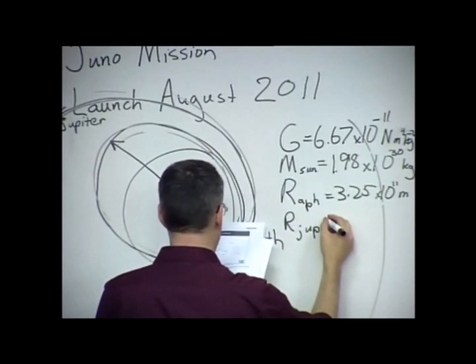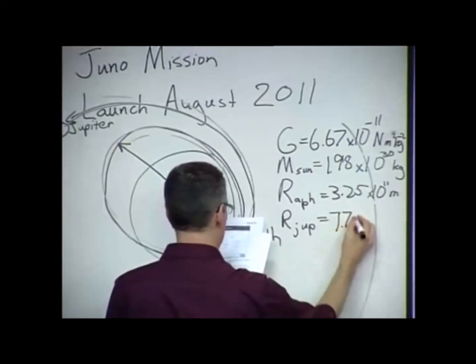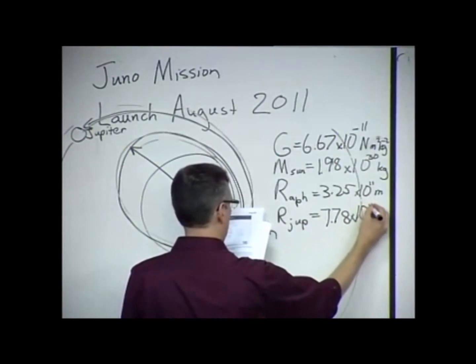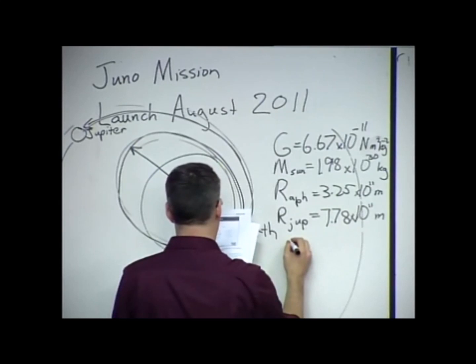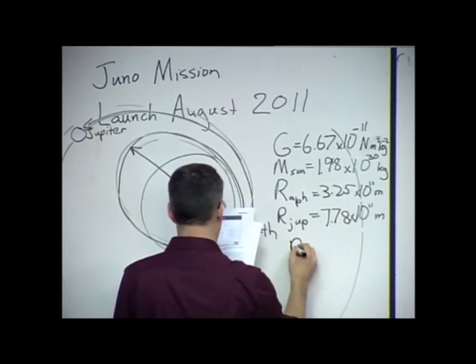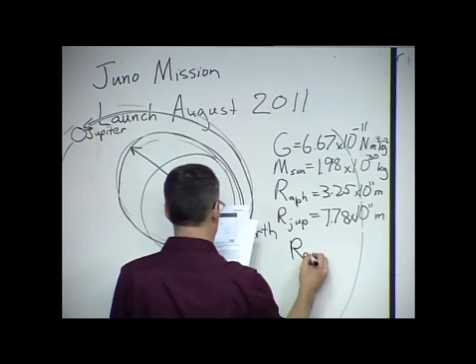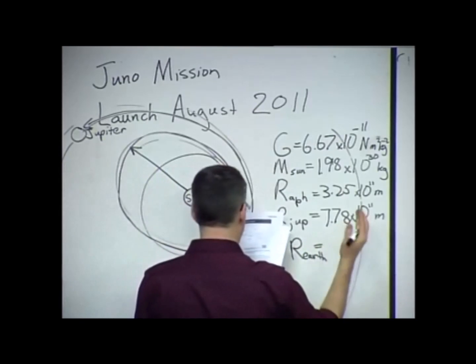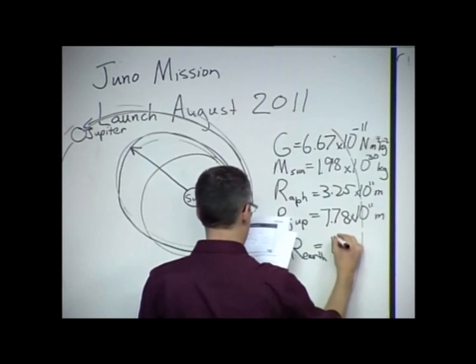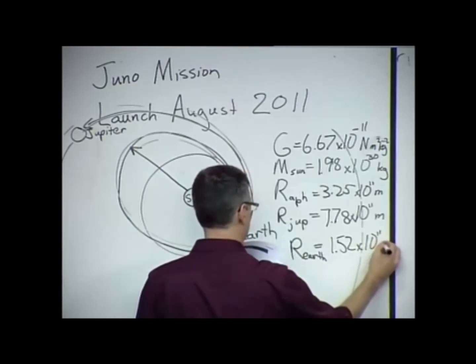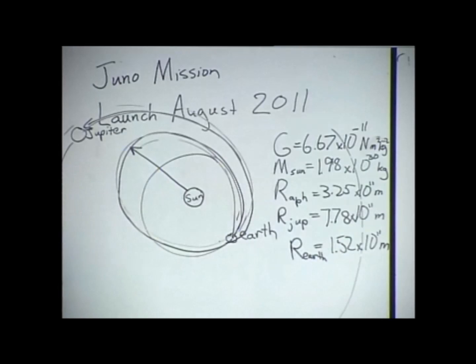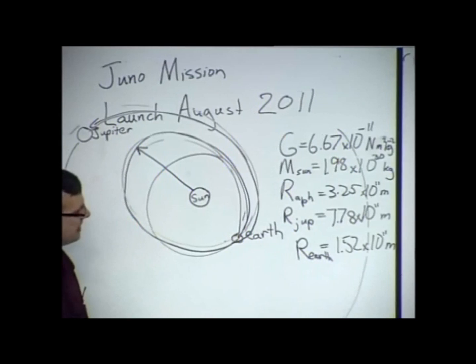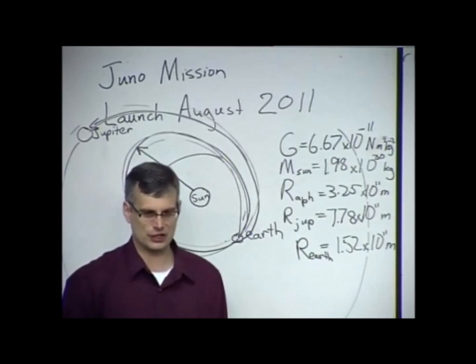And in this problem statement, which is ripped from an examination, the radius of Earth, the mean radius from the sun to its roughly circular orbit, is 1.52 times 10 to the 11 meters. So you see, Jupiter's about, well, close to 5 times the distance from the sun that the Earth is.